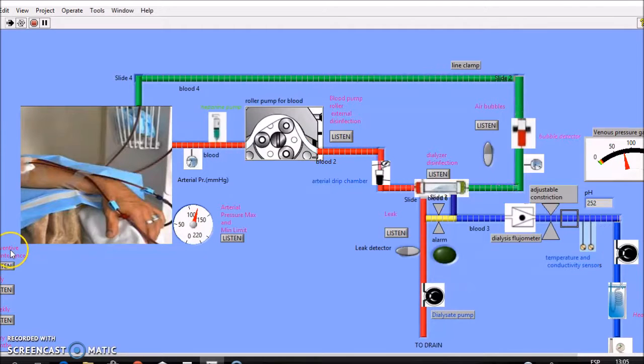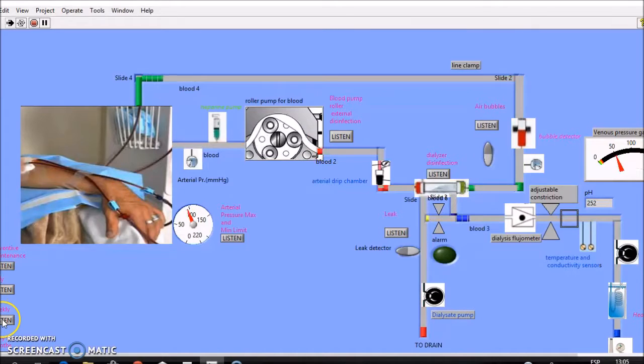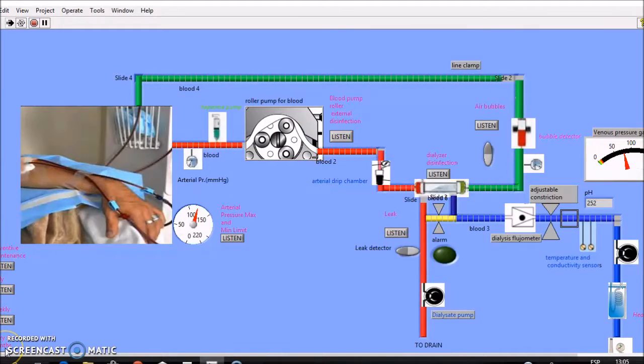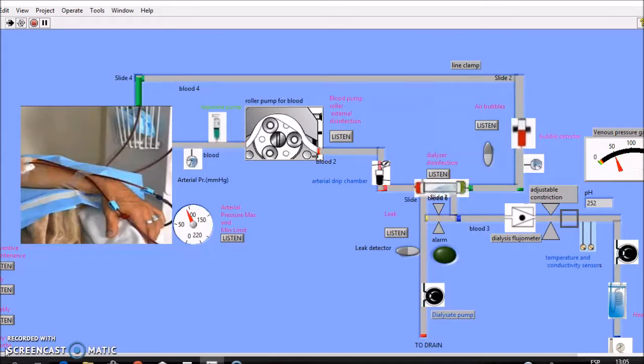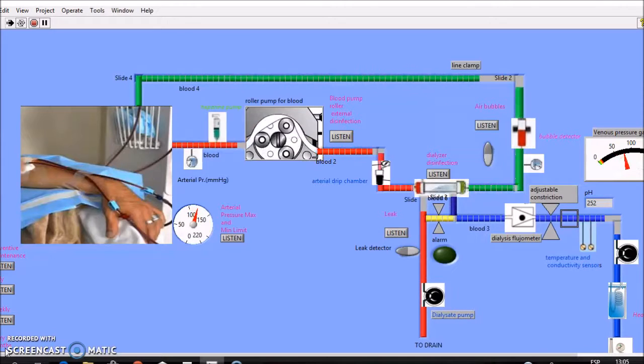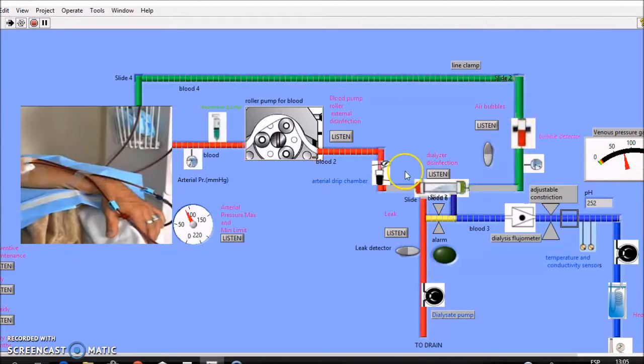In this button, we can listen step by step to the daily, weekly, and every 6 months maintenance. The simulation has the blood leaking alarm and the blood detector error.